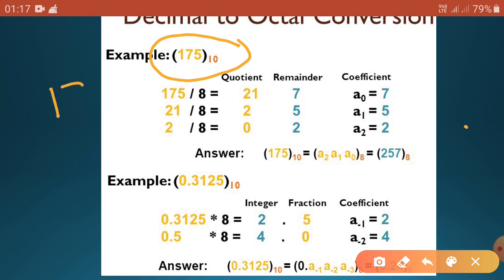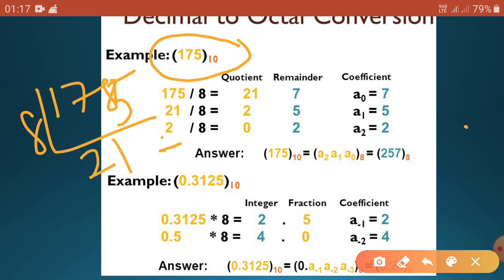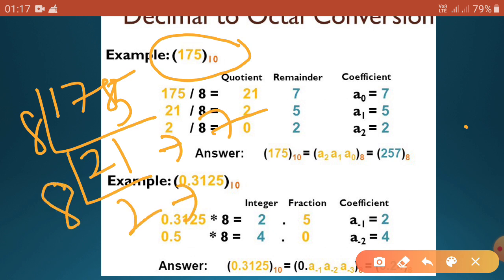So the number is 175. We divide it by 8, that is 21, remainder 7. Again dividing by 8, that is 2, remainder 5, and then 8 into 2 is 0, which gives us remainder 2.